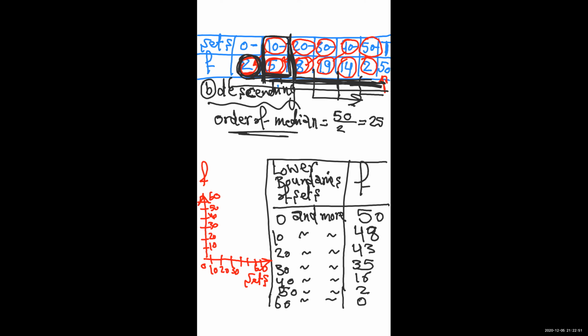Then the first point, 0 and 50. So 0 here and 50, so the point will be here, the blue point. Then 10 and 48, here. Then 20 and 43, like this. Then 30 and 35.